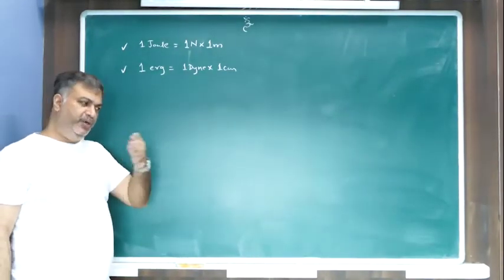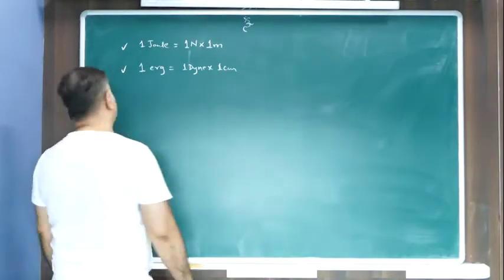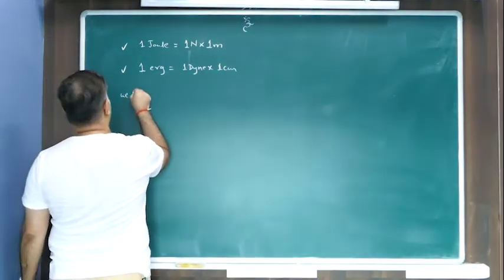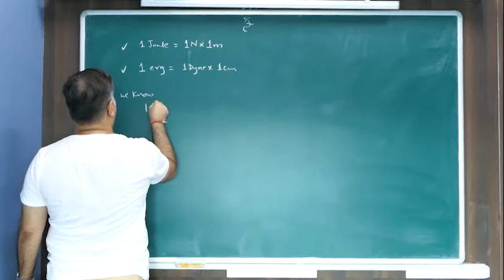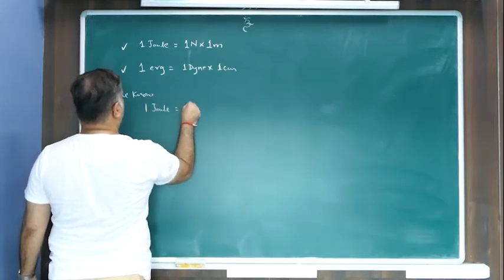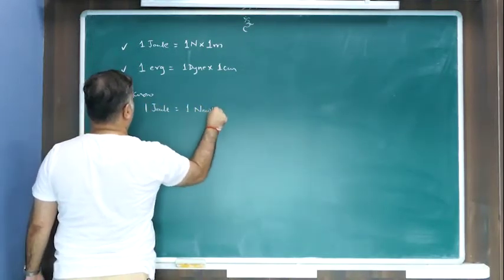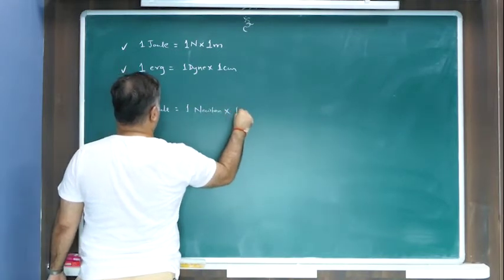What is the relation between 1 joule and 1 erg? Now, let's see that. So, we know 1 joule is equal to 1 Newton into 1 meter.